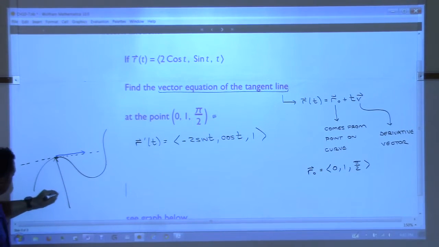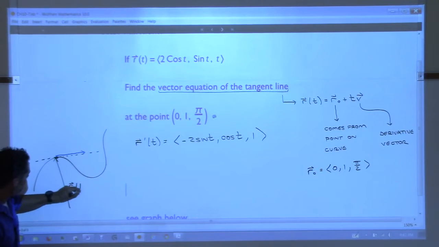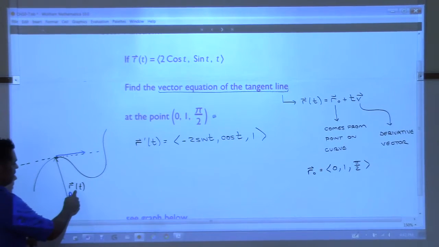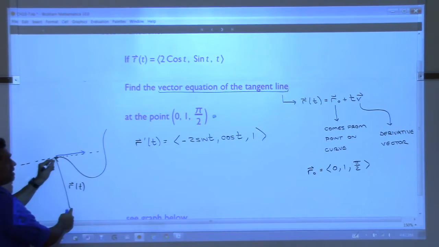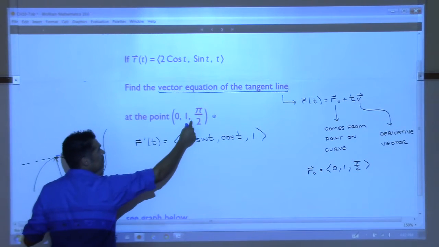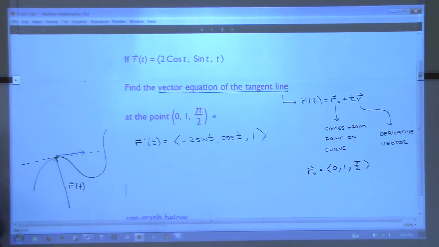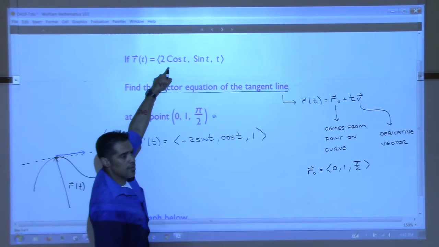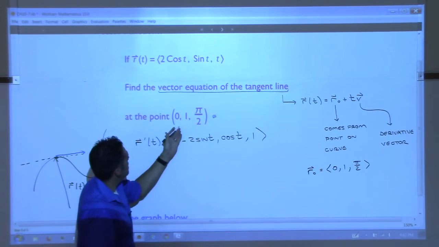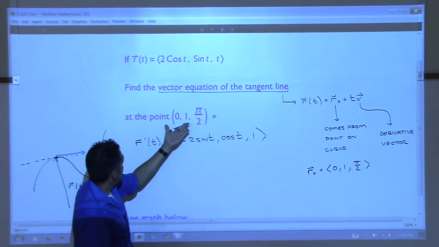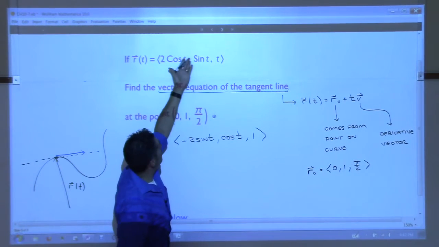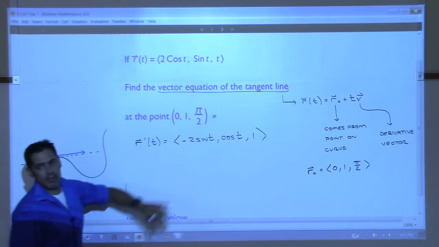This vector r of t is the vector that gets me to this point right here. Which means you have to figure out what t gets you to this point on this original function. So what t, and it's kind of obvious once you look at it, what t would I need to plug in here to get me to this?